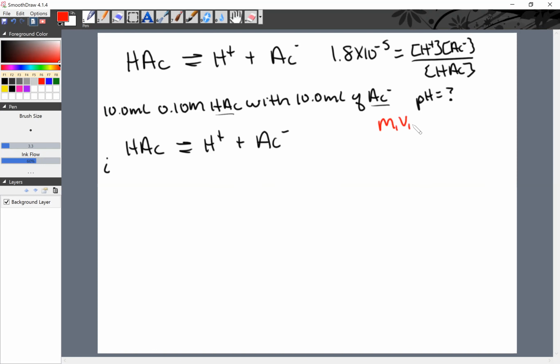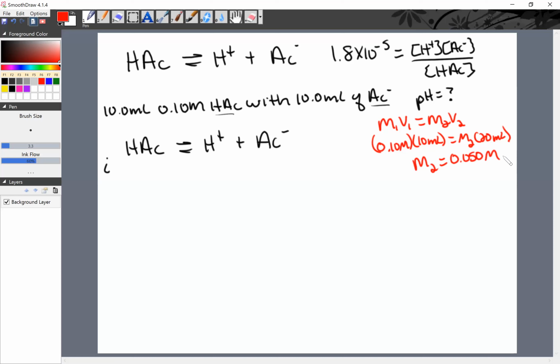M1V1 is equal to M2V2. So if I have 0.10 molar, 10 mL, I'm going to end up with M2 at 20 mL, and in this case, M2 will be half of that.